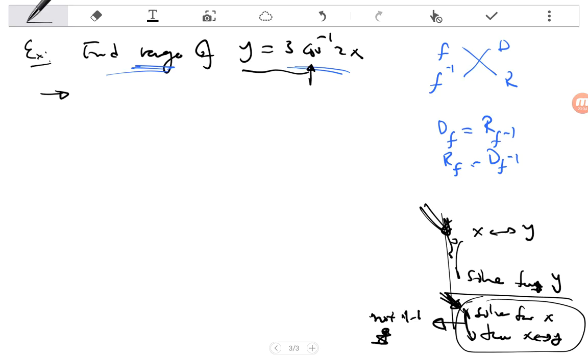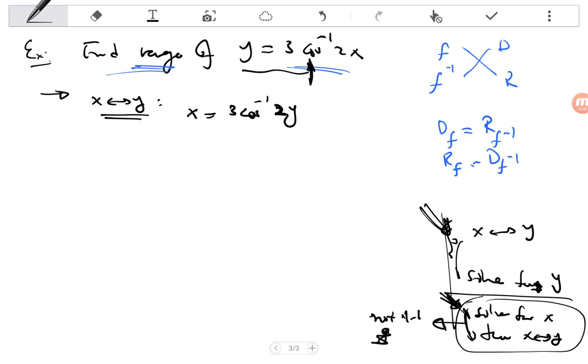So cosine inverse is by itself an inverse function, and by nature it is 1-to-1. So I will just interchange x and y for this problem to find x equals 3 cosine inverse 2y.